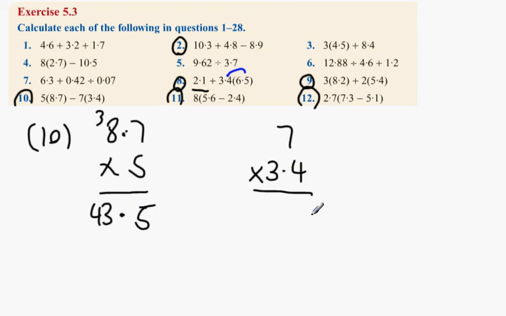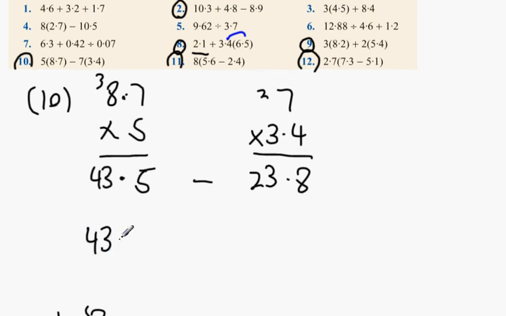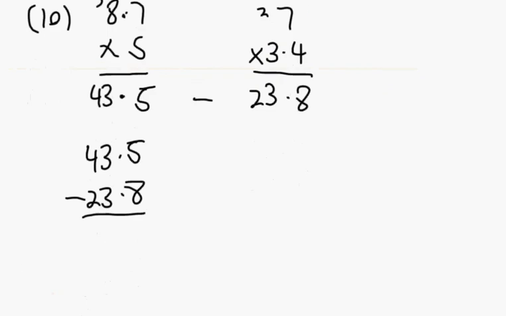Okay, next one, 7 times 4. 28. 8 carried a 2. 3 times 7 is 21 plus 2 is 23. 23.8. Take them away from each other now. Is 19.7. Okay, let's give this a go now. So what we're going to be doing is 43.5 minus 23.8.